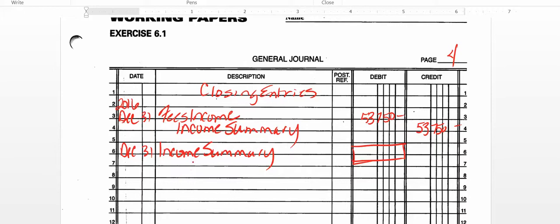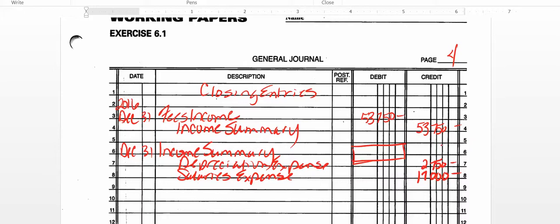Okay, so we have depreciation expense, and our balance is $2,750. We're crediting that. Now our normal balance on all of our expenses is debit, so we're making an opposite entry here. $2,750. Next we have salaries expense. And that's $17,000.